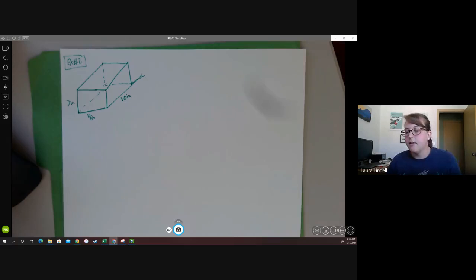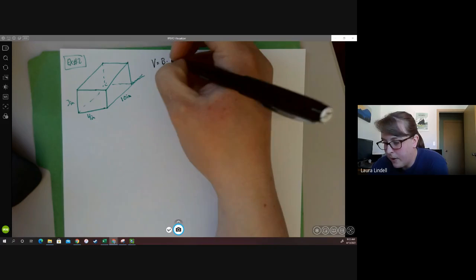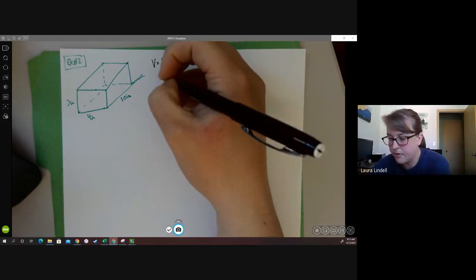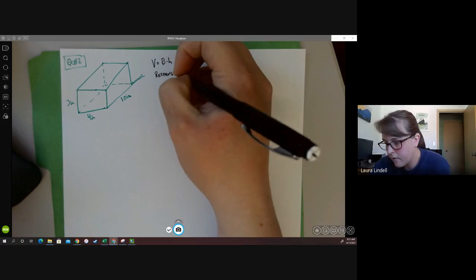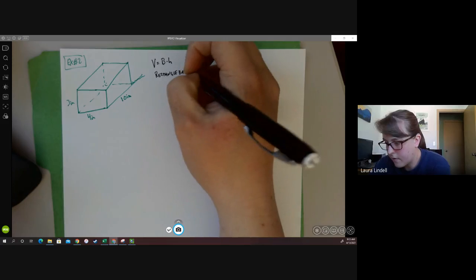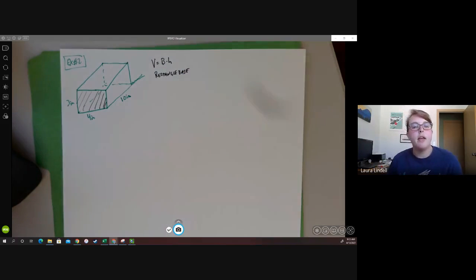So for this kind, volume is still area of the base times the height, but this time our base is a rectangle. This particular rectangle here. The nice thing on most volume problems, they just give you all of the numbers.